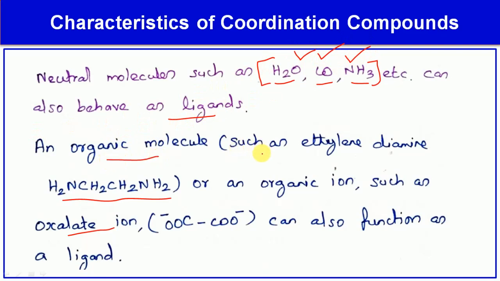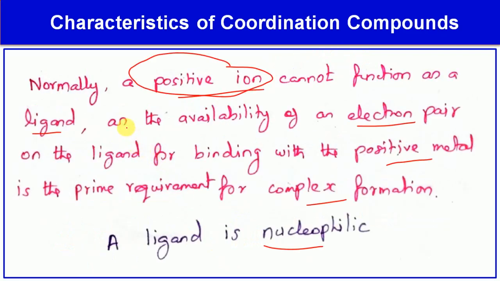An organic molecule such as ethylenediamine or an organic ion such as oxalate ion can also function as a ligand. And last one, normally a positive ion cannot function as a ligand, as the availability of an electron pair on the ligand for binding with the positive metal is the prime requirement for complex formation.